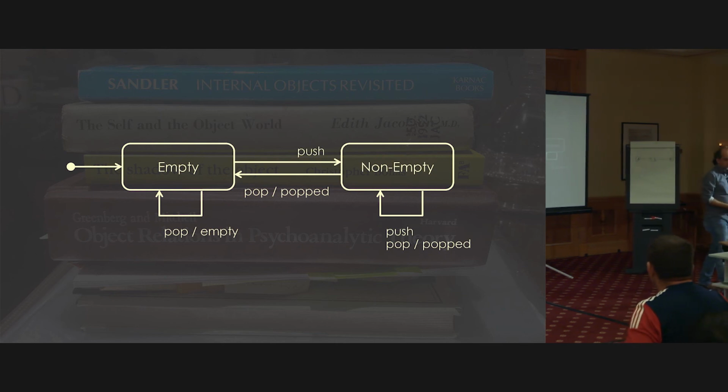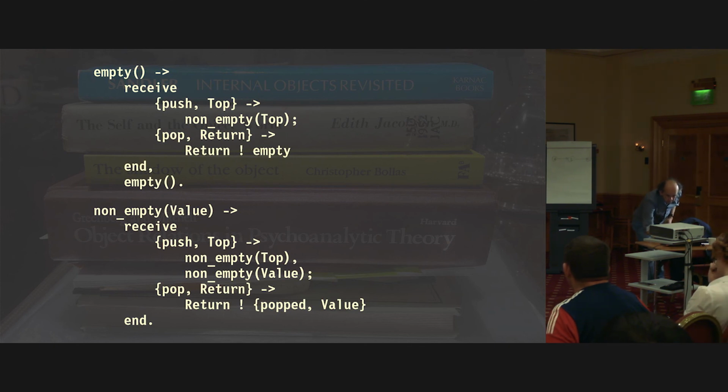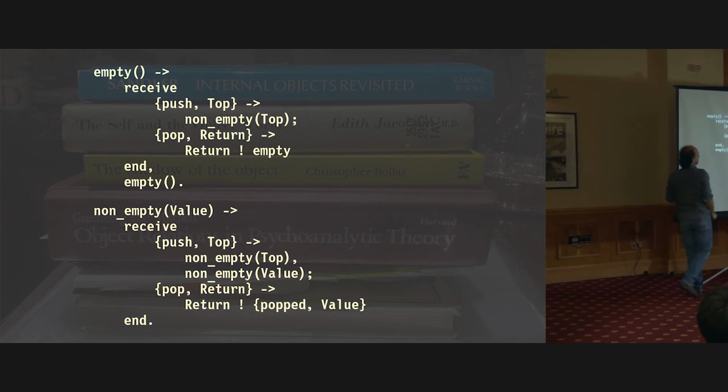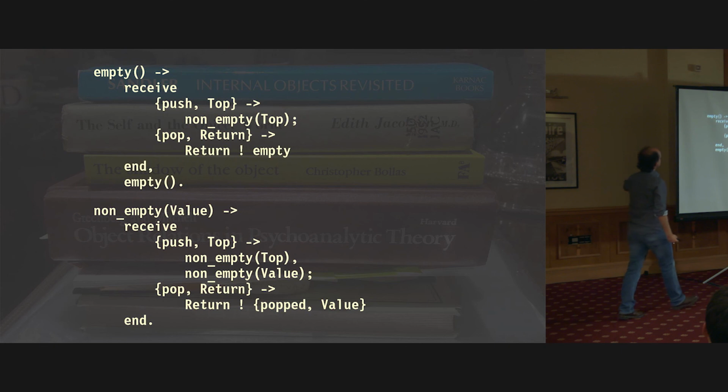Now, if we do this in Erlang, which is a language rather well suited to this approach, I'll throw everything at you at once. This is a function definition. It is a function called empty. In other words, we're going to represent a state with a function. And this function does not change anything directly in the outside world.